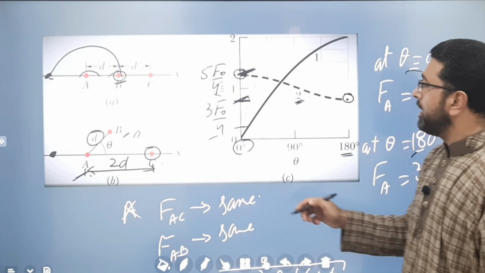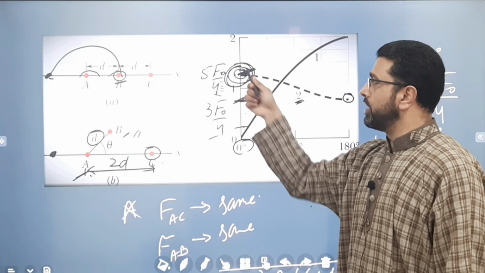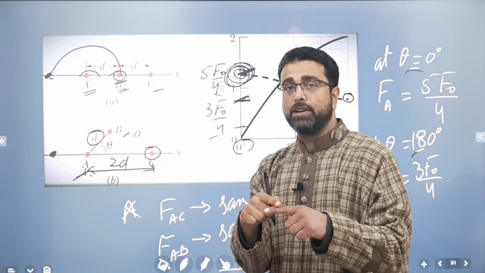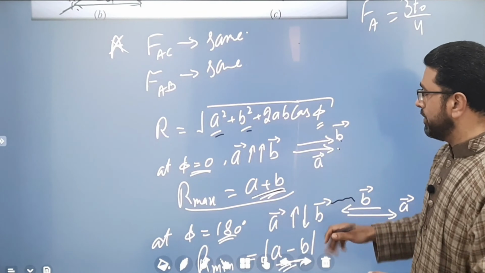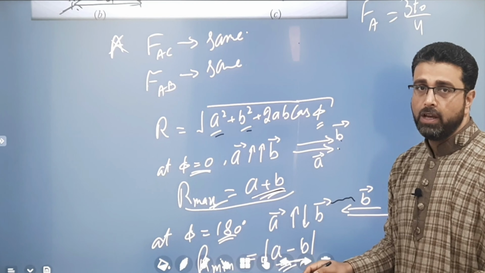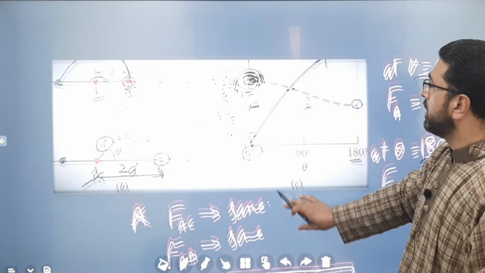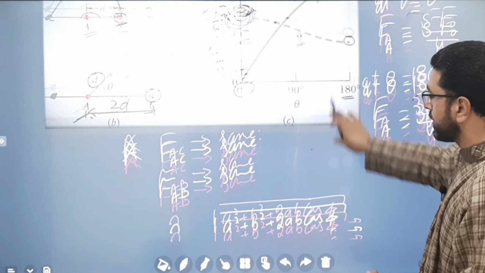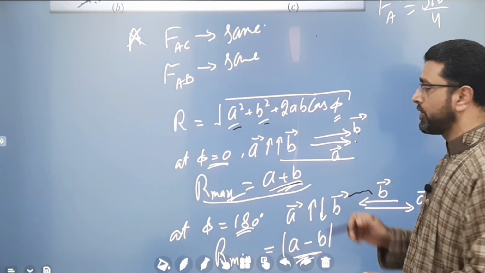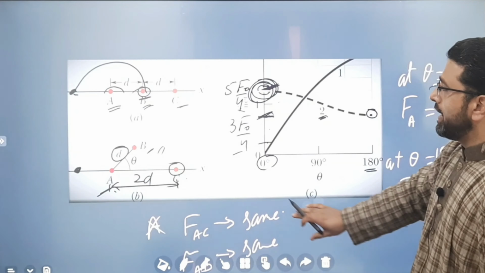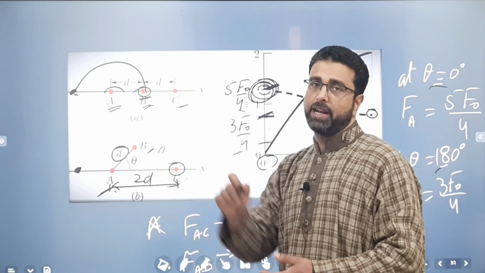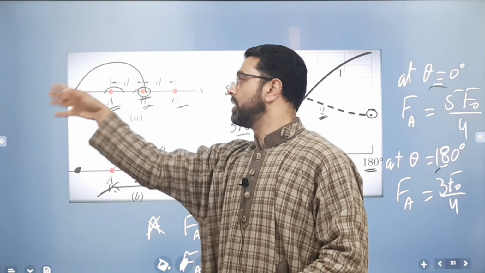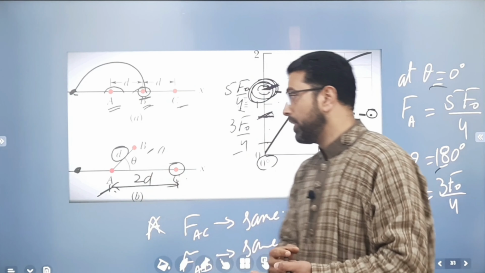So meaning here in this situation, the two forces on A, one from B and one from C, must be in the same direction. Then only resultant is maximum. So we know this is the maximum value. So force on A from B and C must be in the same direction. That same direction can be either both of them rightward or both of them leftward. Whatever, they must be in the same direction.